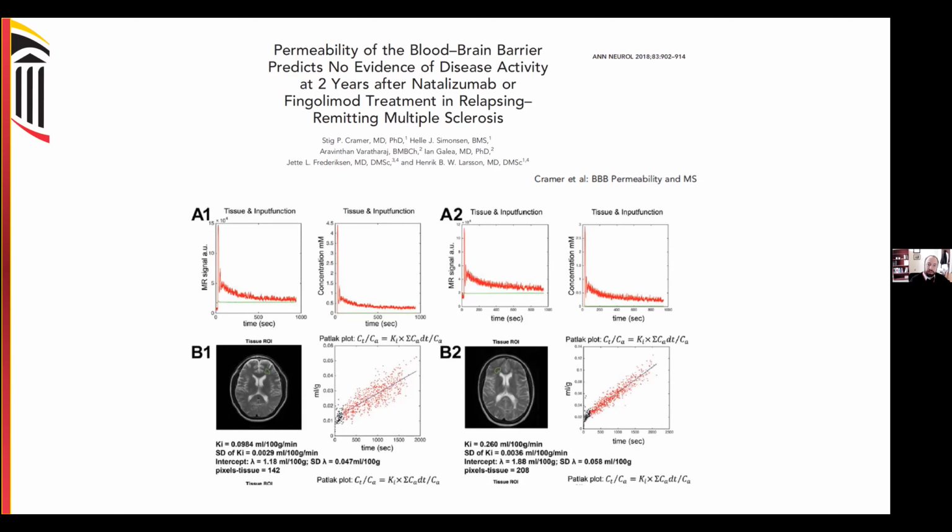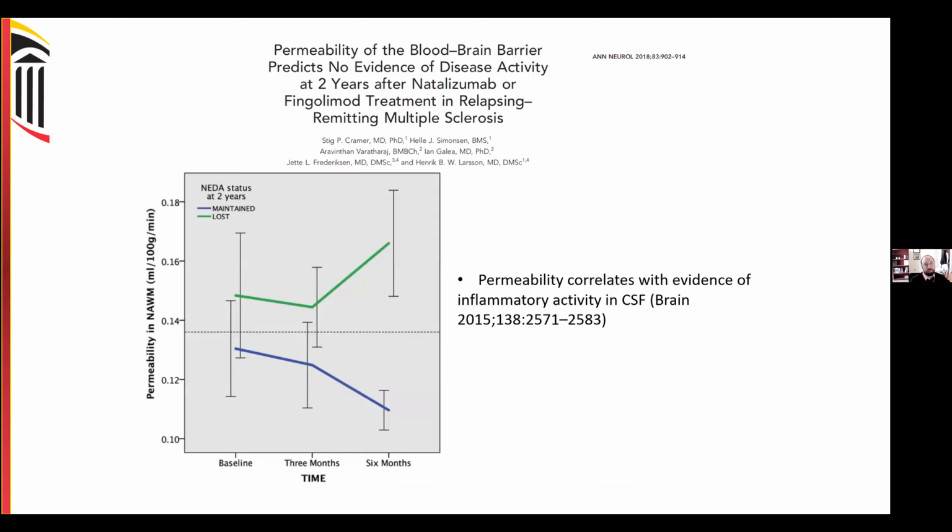Some groups have taken a look at, for example, the tissue permeability values within normal appearing white matter or in lesions, and have found that there is increased permeability in multiple sclerosis. Some have even applied some of these techniques to clinical trials and found that patients who over time had changes in their permeability were more likely to have disability progression than those who did not.